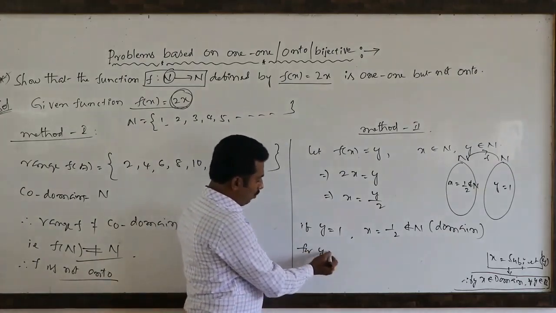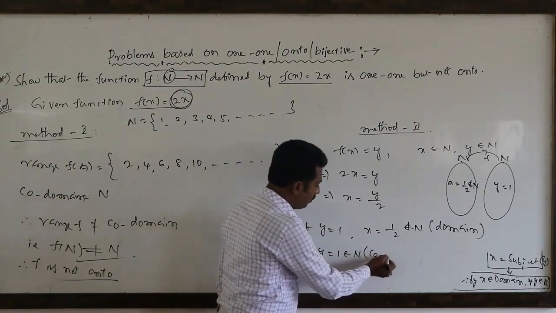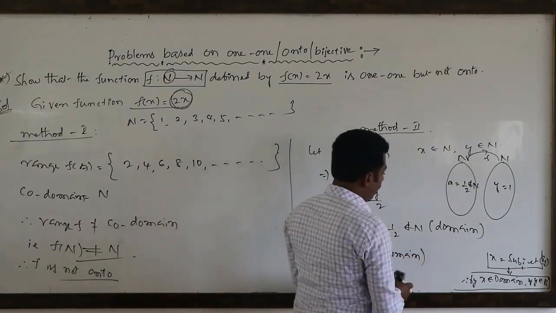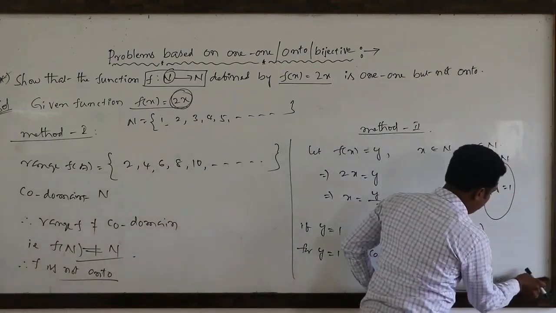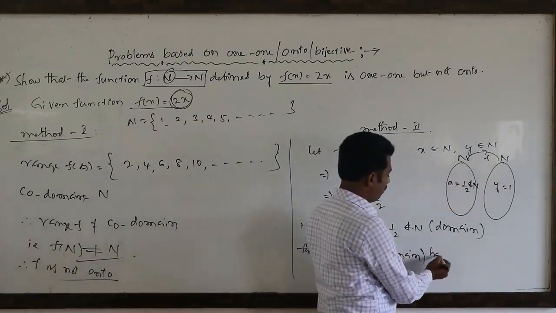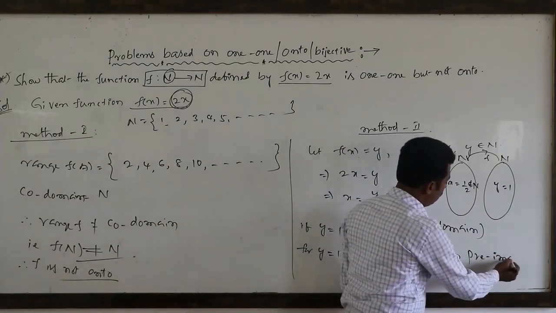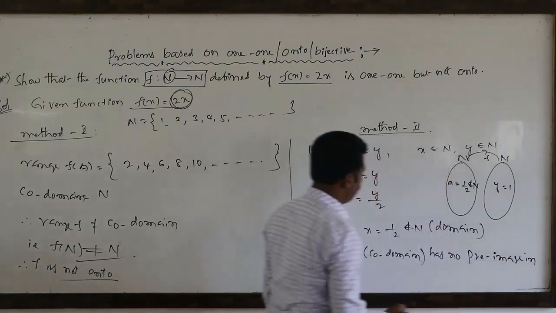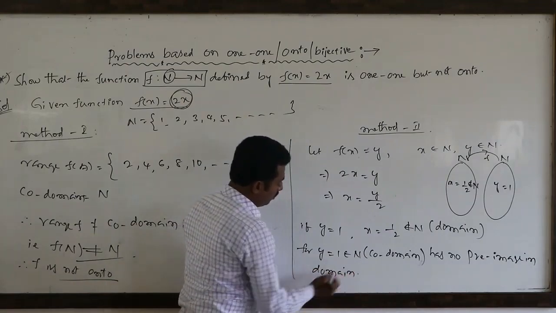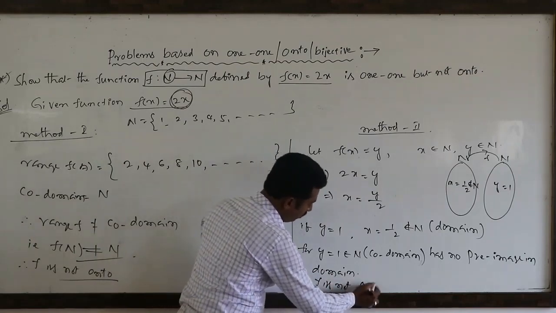For y equal to 1, which belongs to codomain, it has no pre-image in domain. Therefore, f is not onto.